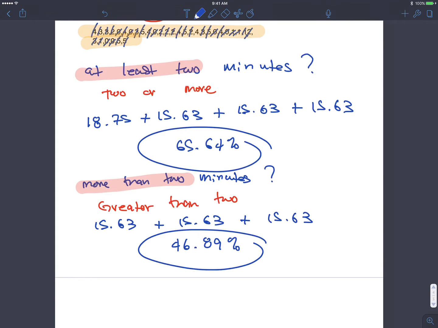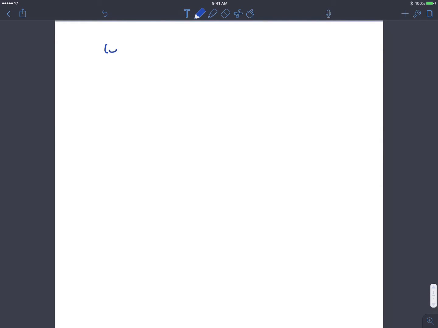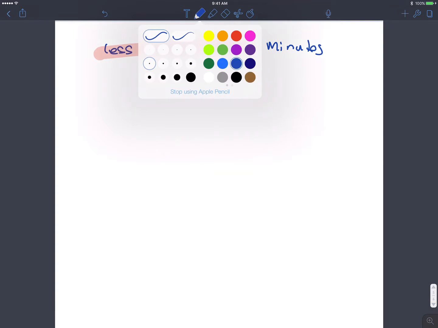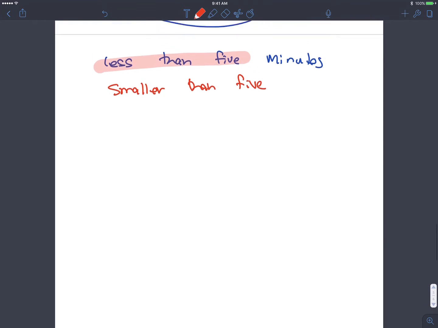We got less than 5 minutes. So what percent waited less than 5 minutes? Now, less than 5 means, again, strictly smaller than 5.